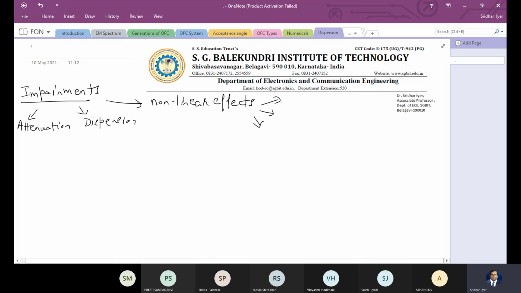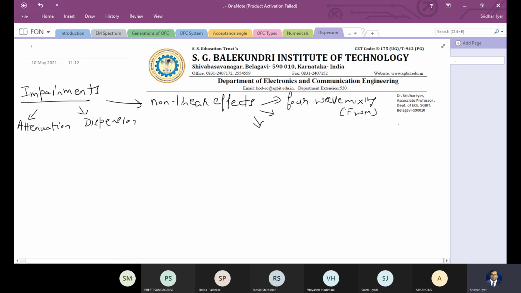In this, you have different kinds of non-linear effects. The first and the major one is known as four-wave mixing, or in short, FWM.